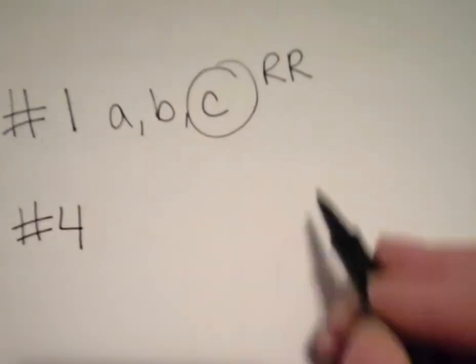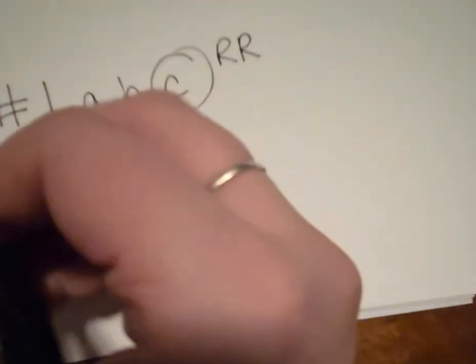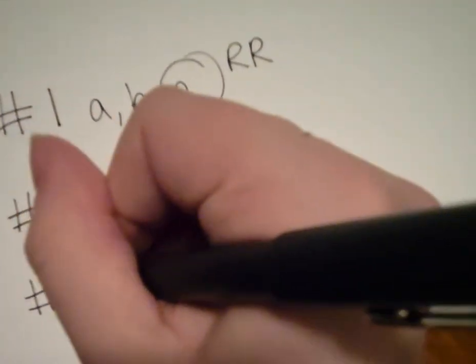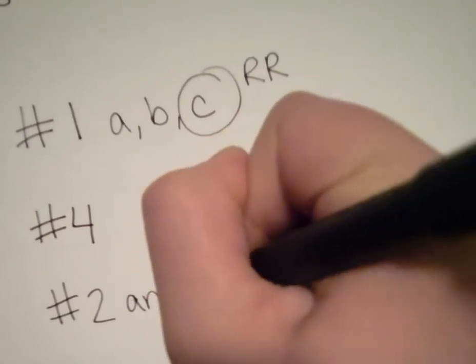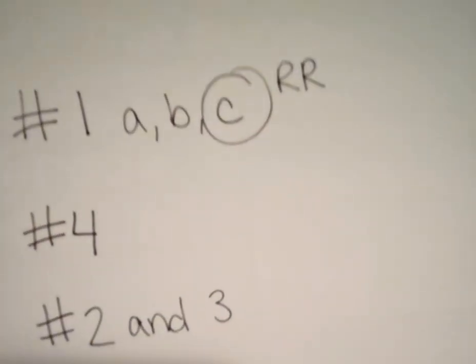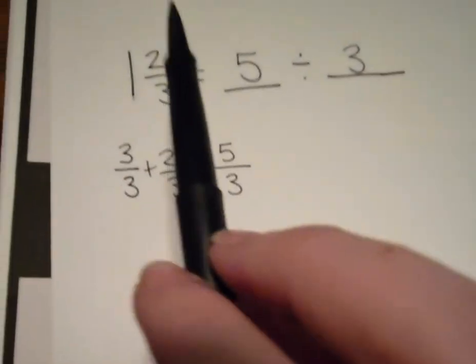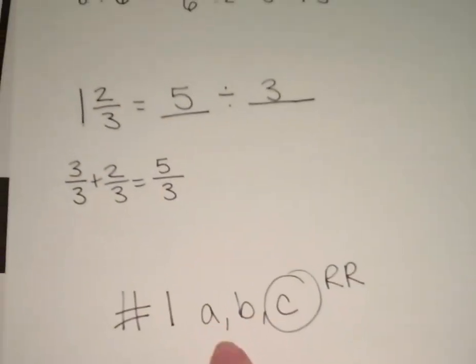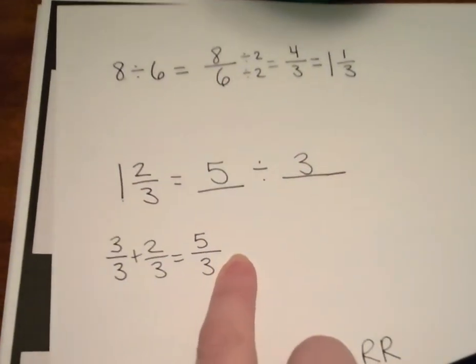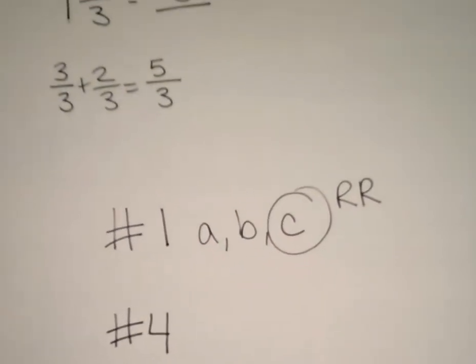Do all of those. And then you can go back if there's time and work on numbers 2 and 3. You'll see why, but basically 2 and 3 are more word problems. 1 and 4 are more just practicing this type of stuff. So I want you guys to practice these things more and then get to the word problems if there's time.